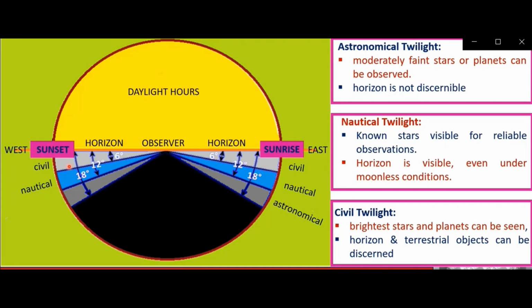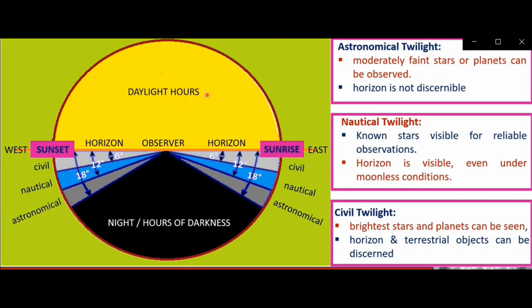At 12 degrees below, that's the end of nautical twilight. And at 18 degrees below, that is the end of astronomical twilight. And now you have the night or the hours of darkness.